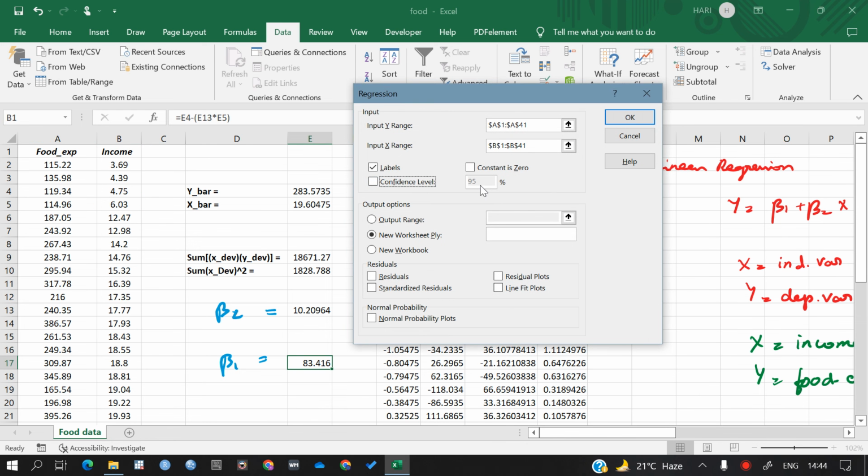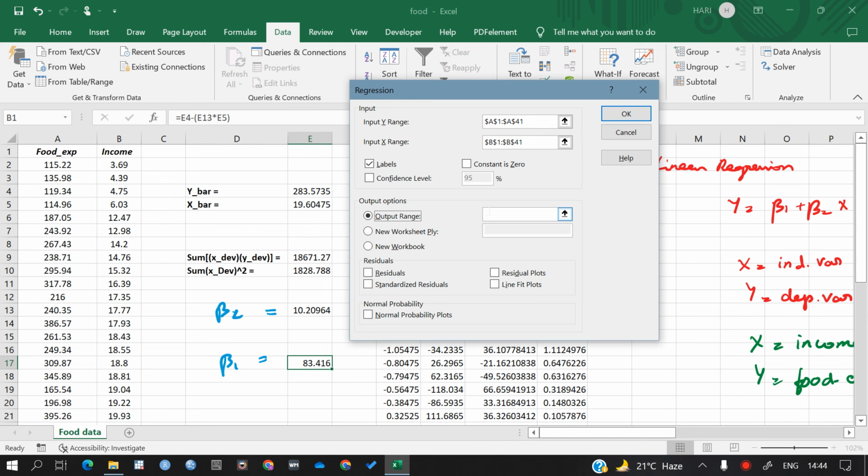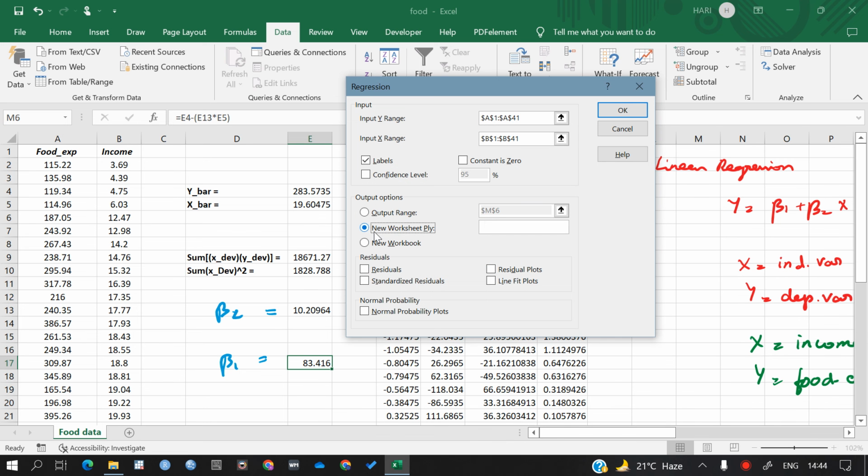The confidence interval is 95%, the standard confidence interval. I'm just going to leave it as it is. And you can give the output range. If you want the output in the same data sheet, you can select the output range, and Excel will display the output in the same sheet. For now, I'm going to select this new worksheet. I'm going to name this new worksheet as result. So Excel will give me the result in the new worksheet near to this food data, which is named as result. So click on OK.